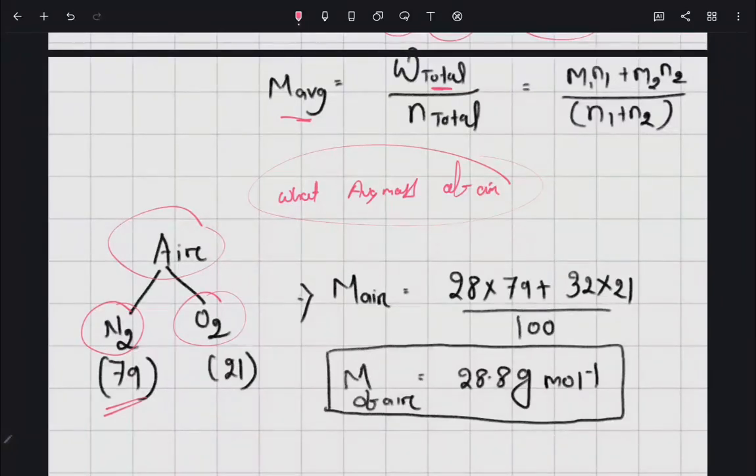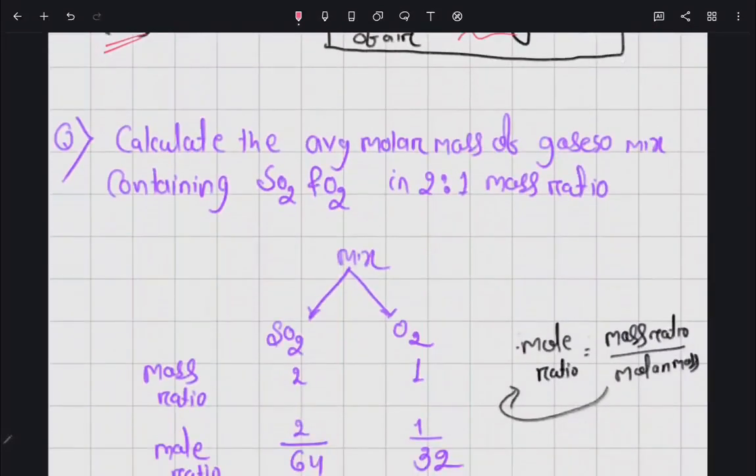We have read this in our childhood classes. Sir, other gases are also present? They are present, but in minute quantity, so we can overlook them. So the average molecular mass of air is equal to 28 into 79 plus 32 into 21 divided by 100. If you solve, we get the average molecular mass of air as 28.8 gram.